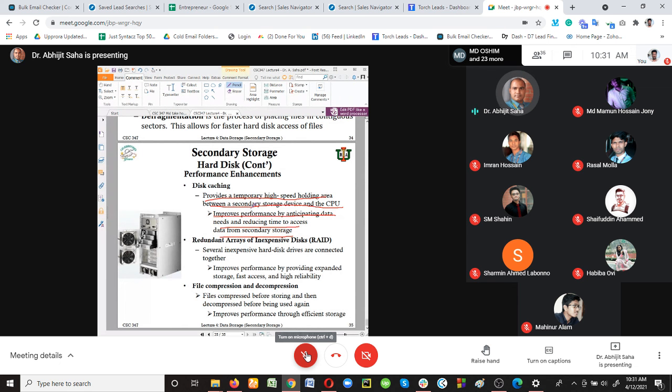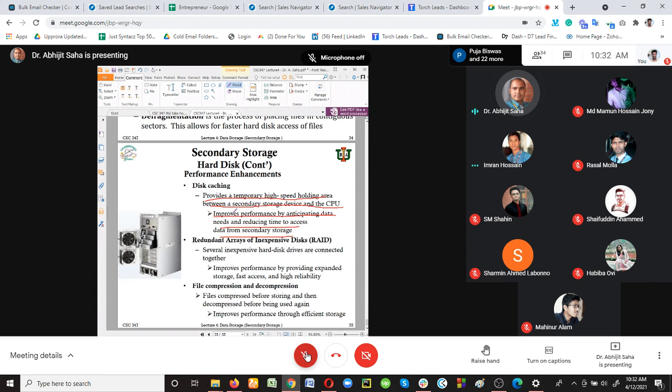If anything is frequently accessed from the secondary storage, those frequent pieces of information are stored in the disk cache. So if anything is needed by the CPU, it can access that information quickly from the hard disk, and it will get the information via the RAM. Do you understand that?